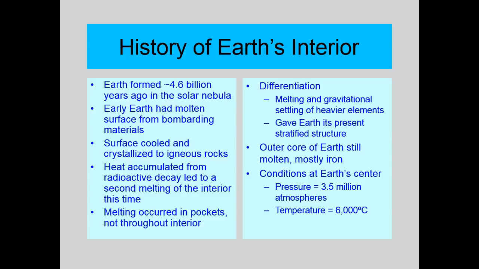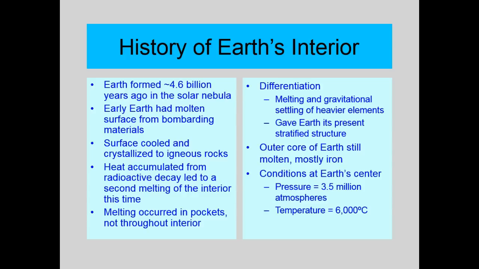Now, the heat accumulated from the radioactive decay, remember? All this started from the fusion happening on the sun, and actually there was still radioactive decay material from whatever star had blown up to form that gas the sun came from. So there was lots of radioactive material out there.